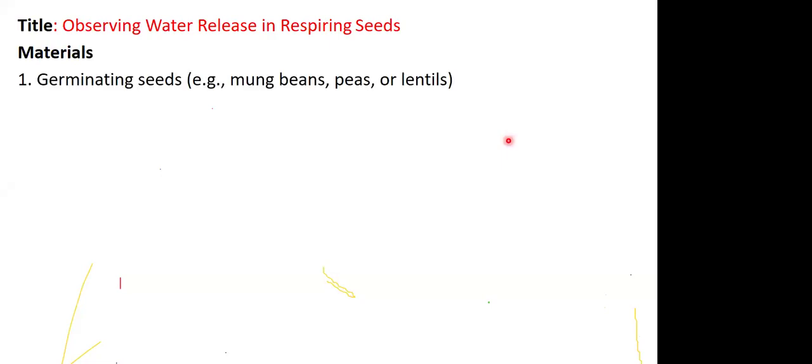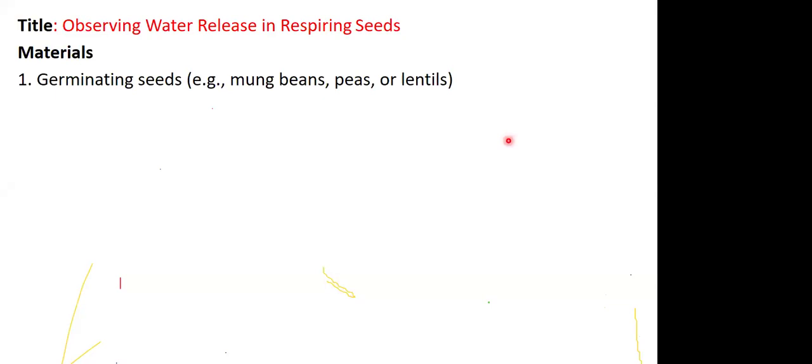Okay, I can hear answers here and there. It's unfortunate that we cannot see the setup, but I don't have the setup here per se, but we shall see how we can create one basing on what we have. So for materials, of course, we need germinating seeds.